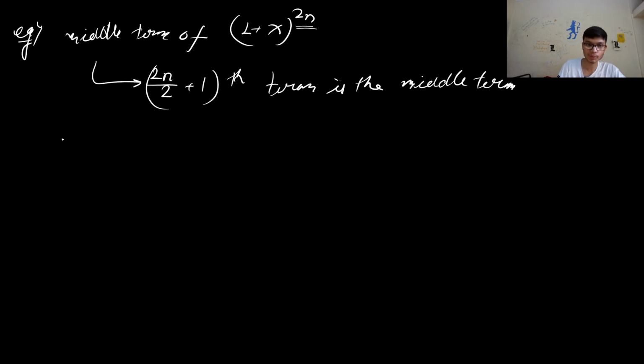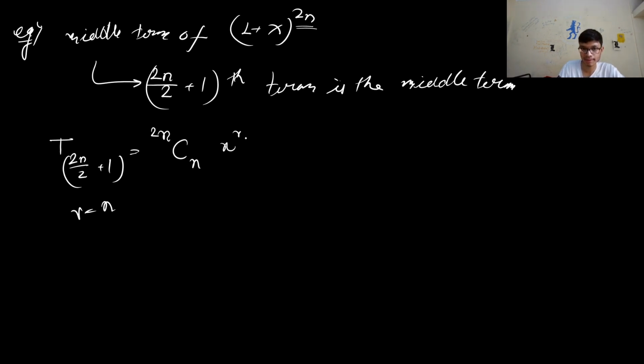We can write the (2n/2 + 1)th term as 2nCn, because the value of r here is n, so it will be 2nCn times 1^n times x^n. So from here I will get x^n.